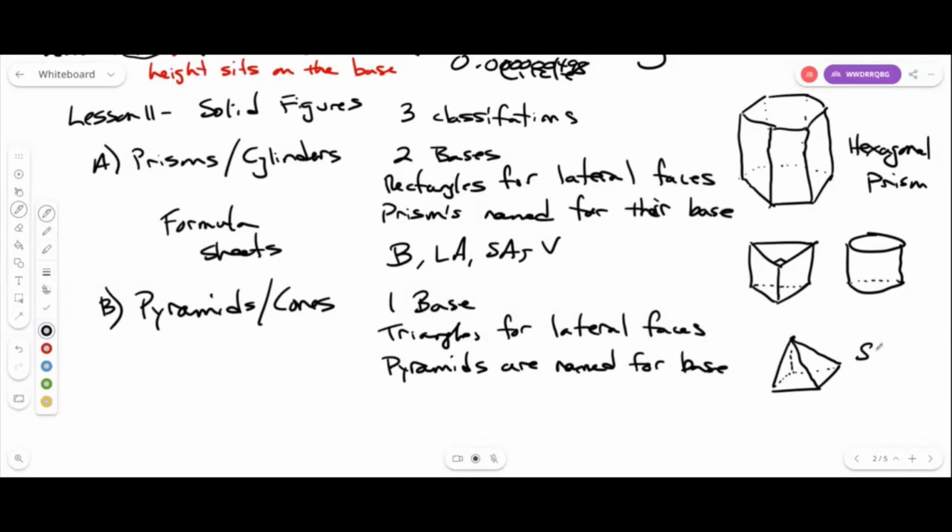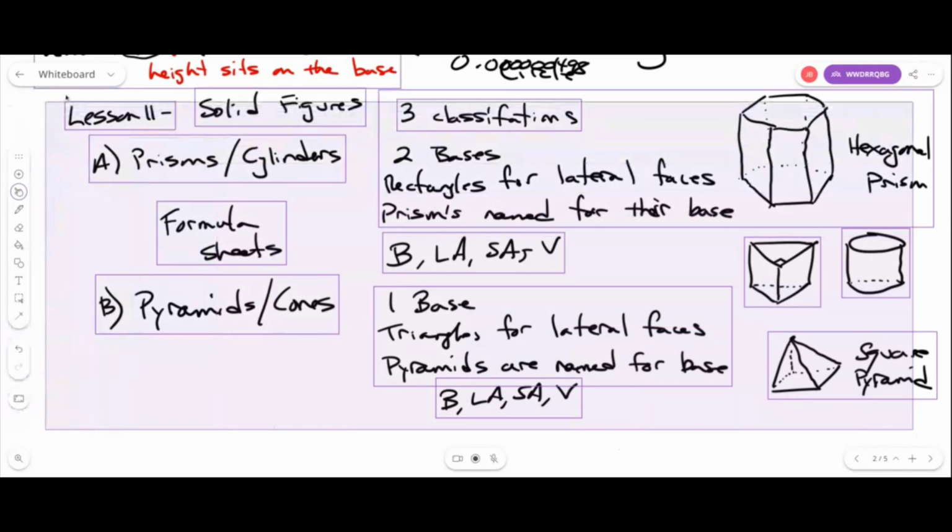So you may have a square pyramid. And again, we were finding base area, lateral area, surface area, volume, and being able to pull the values off of the diagram to put in the correct spot in the formula.